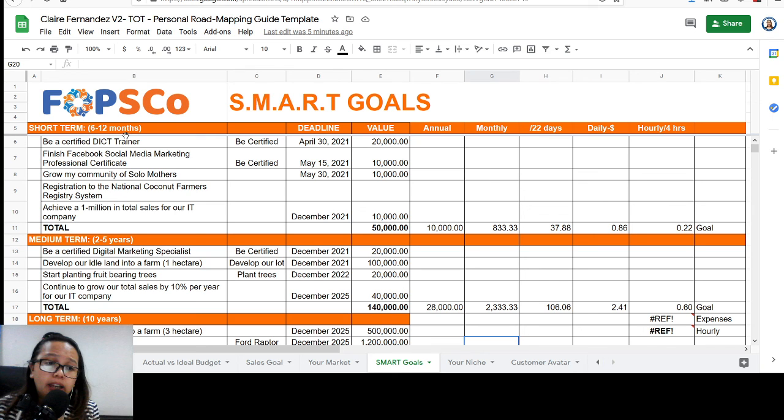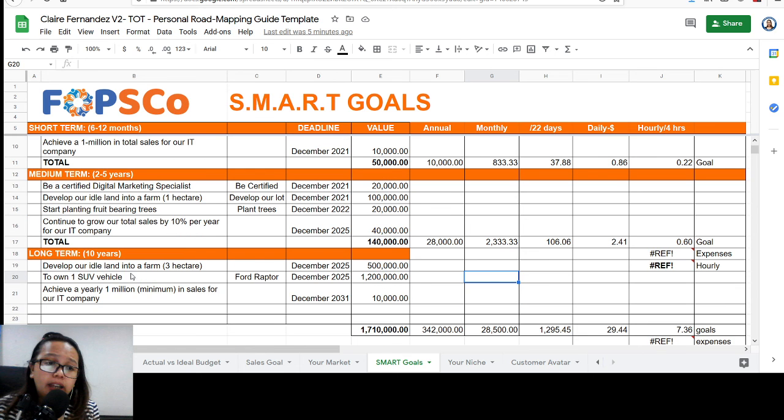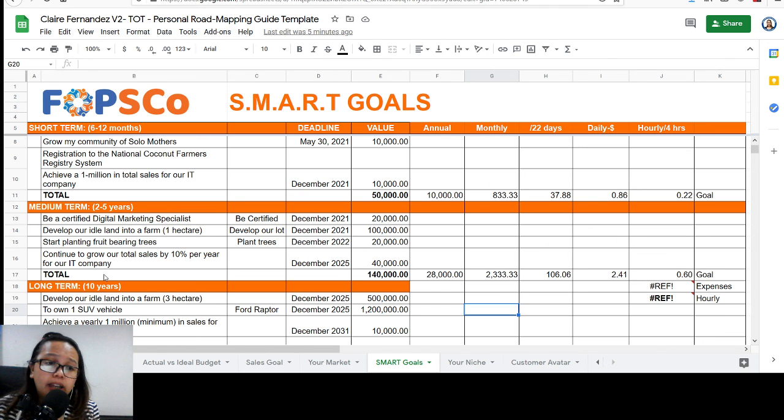I also have my medium-term goals, and of course my long-term goals. For my medium-term goal, I'll be a certified digital marketing specialist. I know it will take me time, but I'm really up to it. And develop our idle land into a farm, 1 hectare. That's why I really want to register in the National Coconut Farmers Register System for our lot.